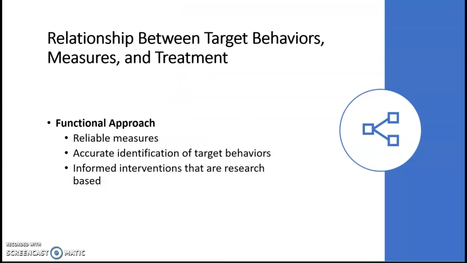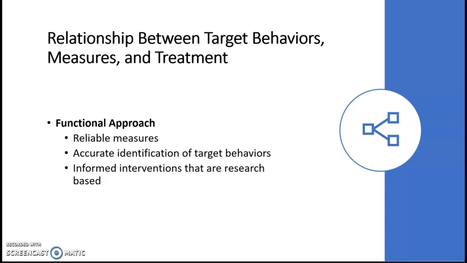So the next important factor of interdisciplinary clinical practice is the relationship between target behaviors, measures, and treatment. And this basically explains how the use of reliable measures, self-report from patients, as well as structured interviews, can lead to more accurate identification of target behaviors.